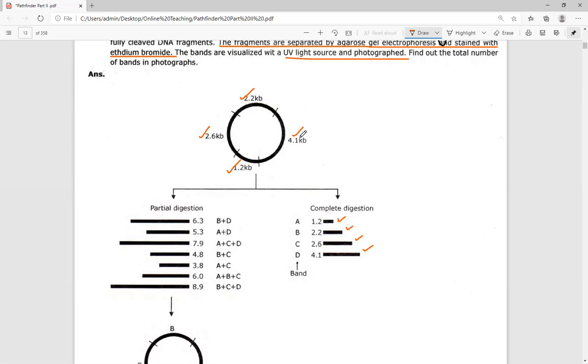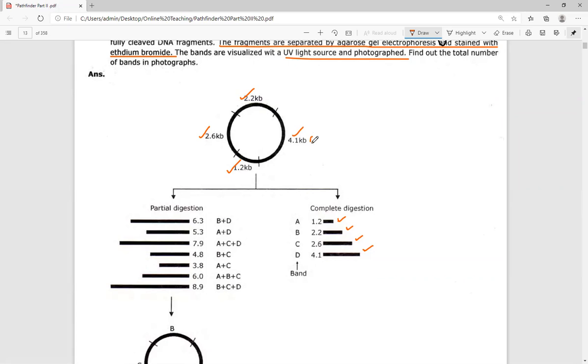Now, what about partial digestion? In the case of partial digestion, sometimes the digestion will take place and sometimes it is not going to take place. Now, which are the different sequences that can be produced in the case of partial digestion?